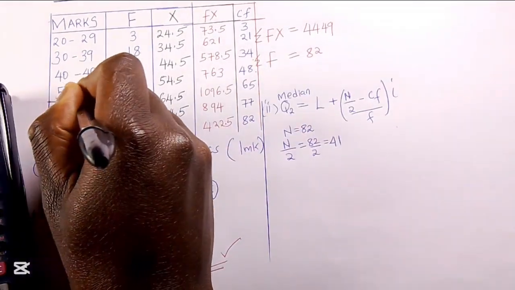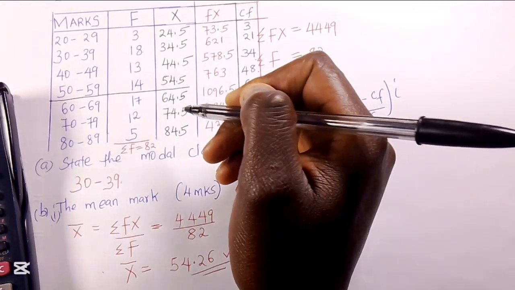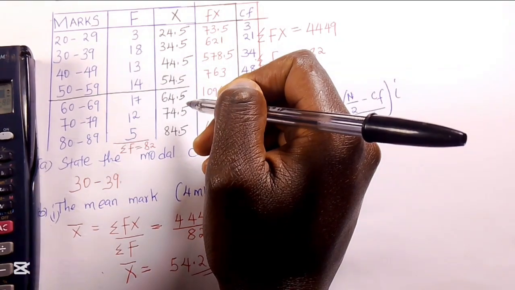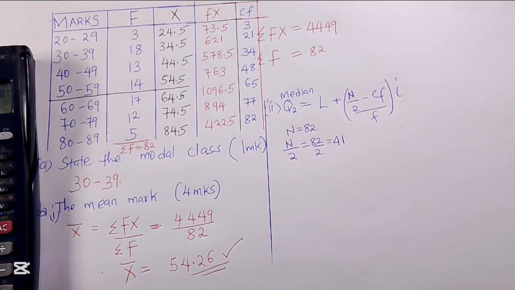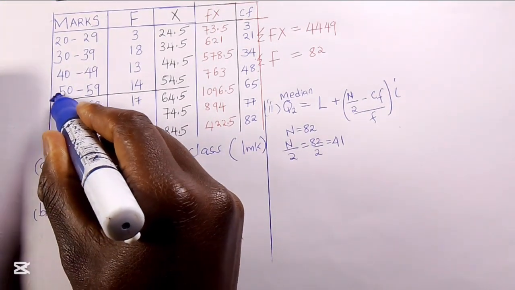So we will circle that entire class, the 50 to 59 class.